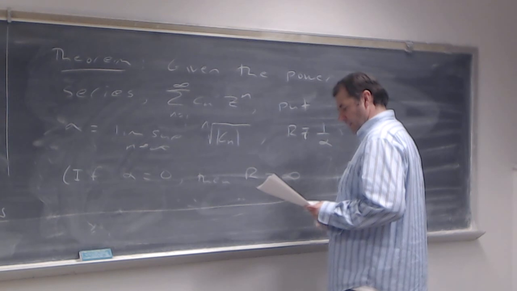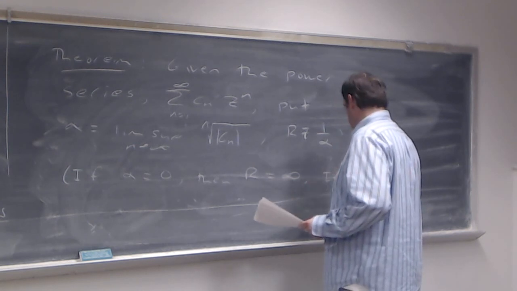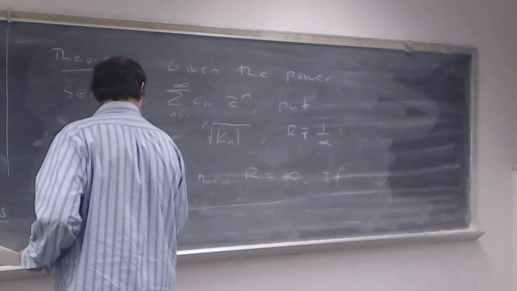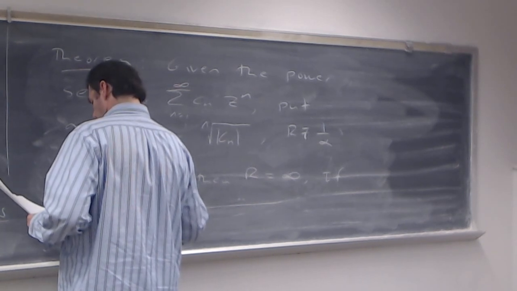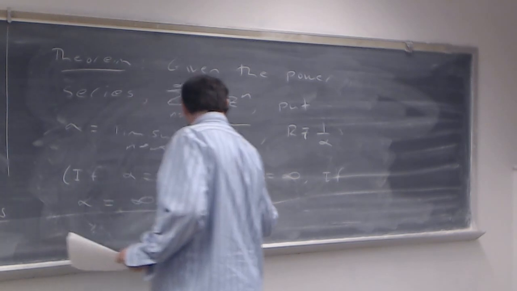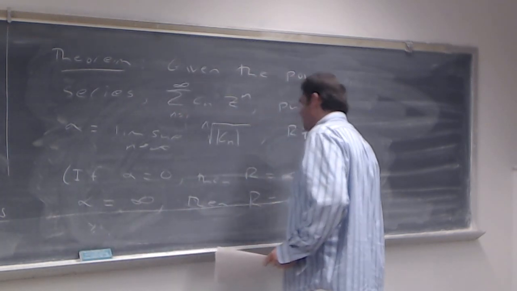Okay. If alpha is equal to infinity, then r is going to be equal to 0.